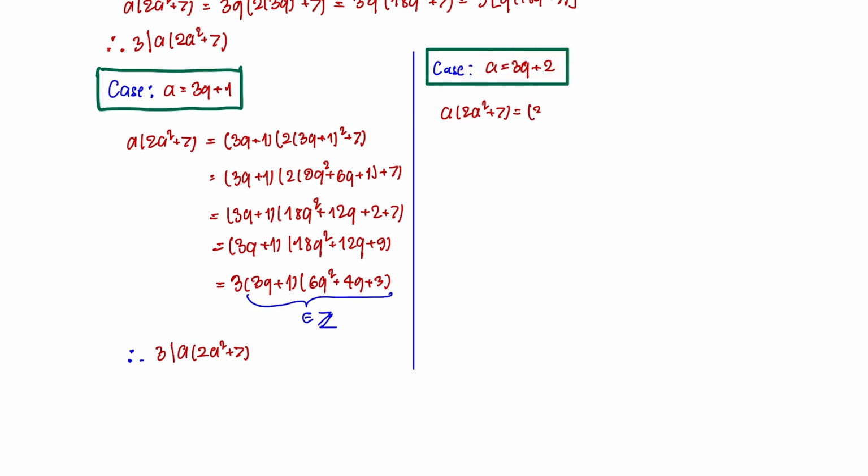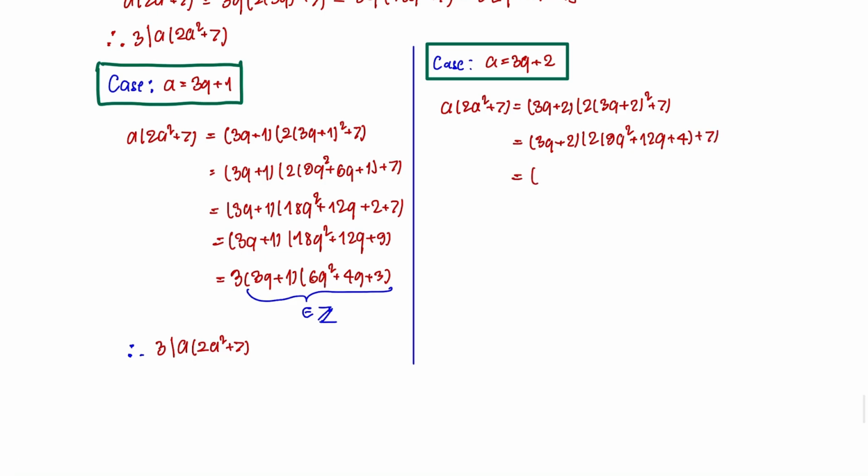So we have (3q plus 2) times (2(3q plus 2) squared plus 7). So we have (3q plus 2) times (2 times (9q squared plus 12q plus 4) plus 7).